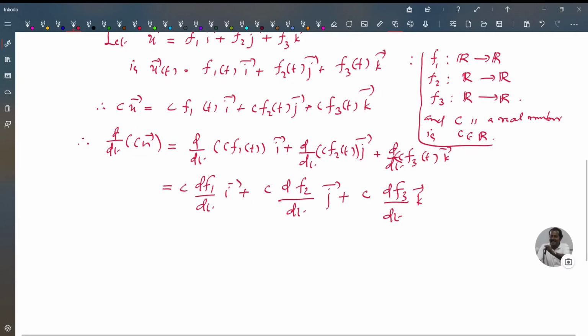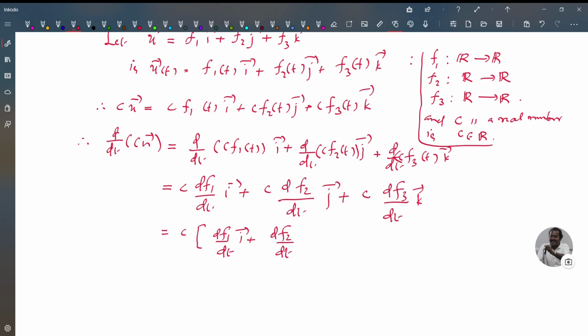So that is equal to C into df1 by dt i plus df2 by dt j plus df3 by dt k. You know that this is du by dt, so this is C du by dt.